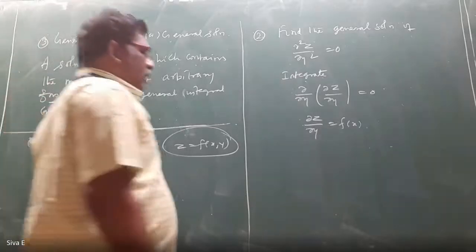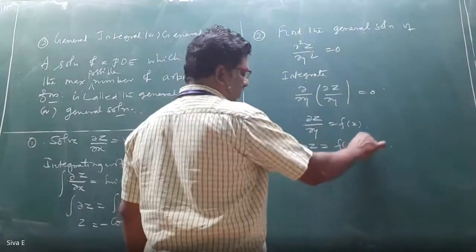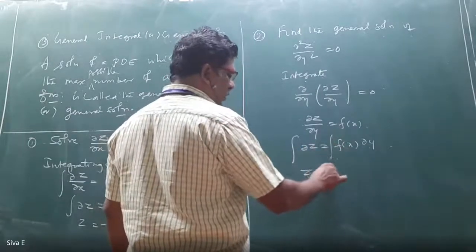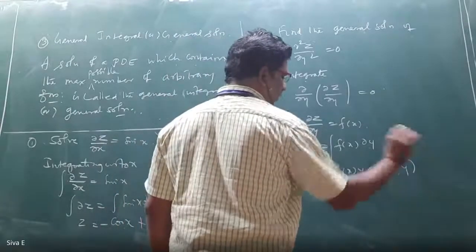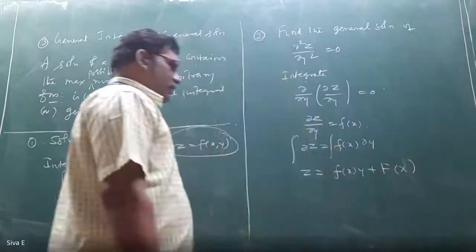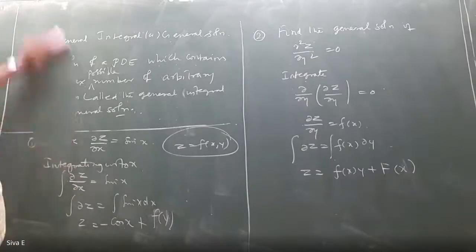Similarly, we can write this as ∂z = f(x) ∂y. If I integrate on both sides, what will you get? z equals f(x) y plus some function of x is the general solution. So here small f of x and capital F of x, both of them are arbitrary functions.